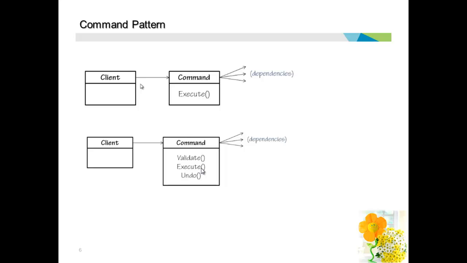Whenever each command gets executed, it persists that information, and then the method implementing undo would have exclusive access to the repository, gets the data back, recreates the same object, and then performs the undo operation.